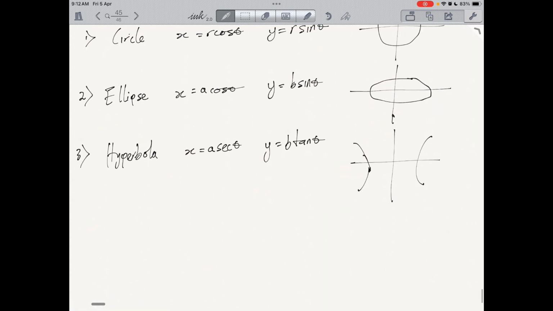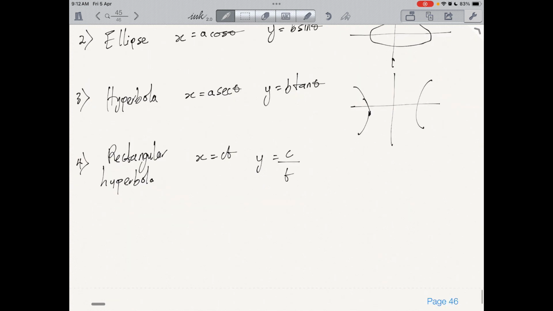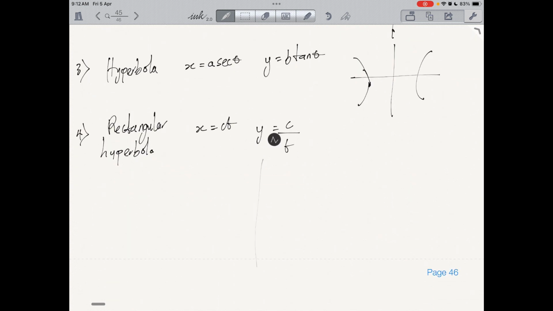And finally, let's take another common one, which is the rectangular hyperbola. The rectangular hyperbola has x equal to ct and y equal to c over t. And the graph of the rectangular hyperbola looks like this.